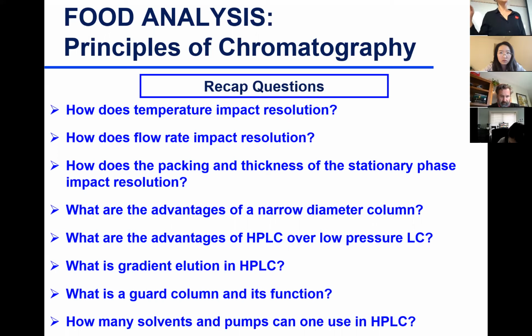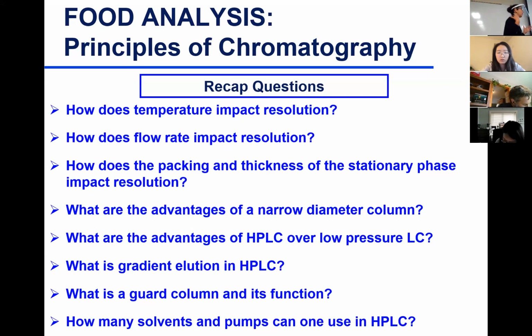I would say the thicker it is, the more the capacity. So you would have more capacity, but you might have more space and more diffusion going on. So with a thinner stationary phase, you don't have much diffusion. The component is going to go in and not diffuse, not linger, and comes out quicker into the mobile phase. So with thinner stationary phase, you really have better resolution, but less capacity.